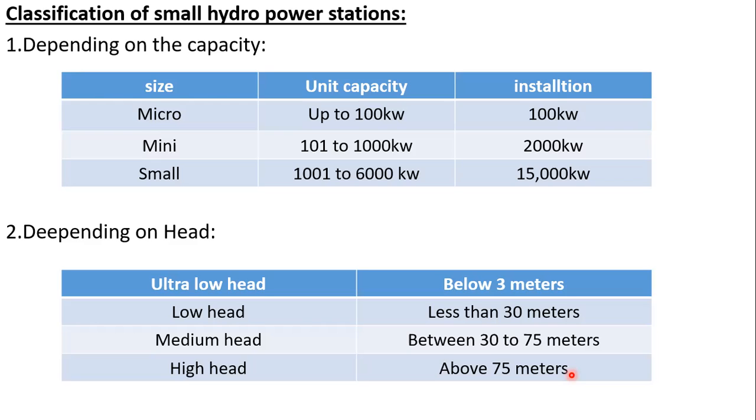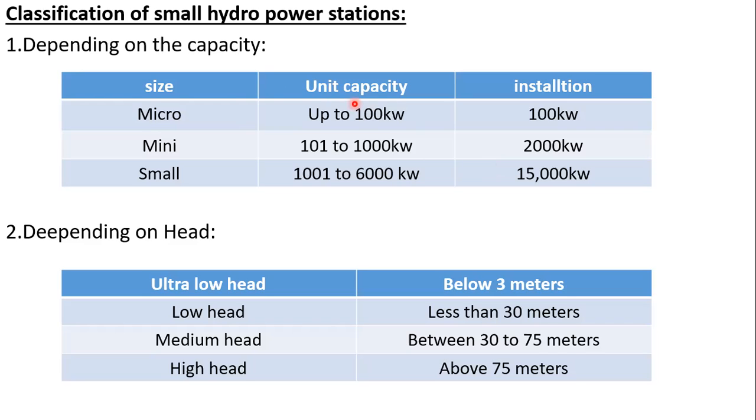For the USA, the range of 15,000 kilowatts is considered small. So these unit capacities and installation capacities may be increased. And moreover, for France, 3,000 kilowatts is considered a small hydropower plant. So these ranges may be decreased there.